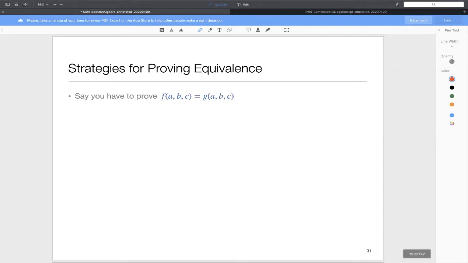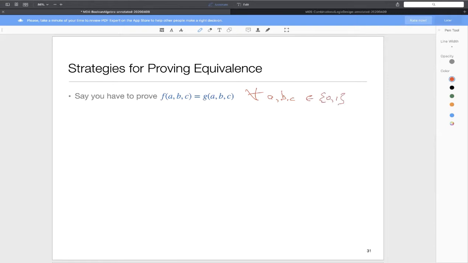Let's say you set out to prove that some function f of a, b, c is equal to the function g of a, b, c for all a, b, c in 0, 1.